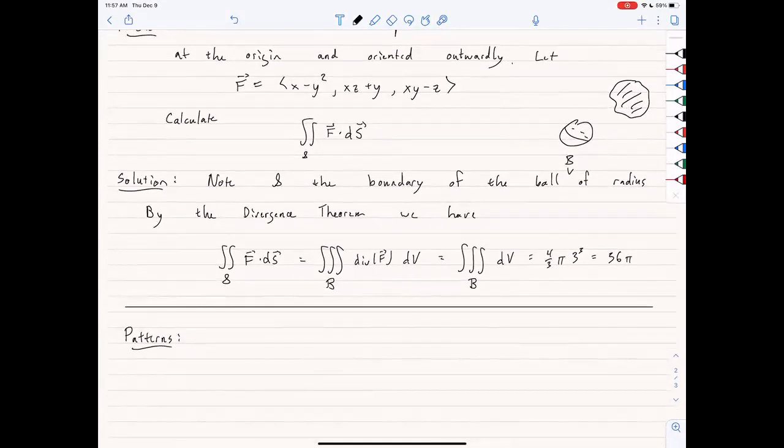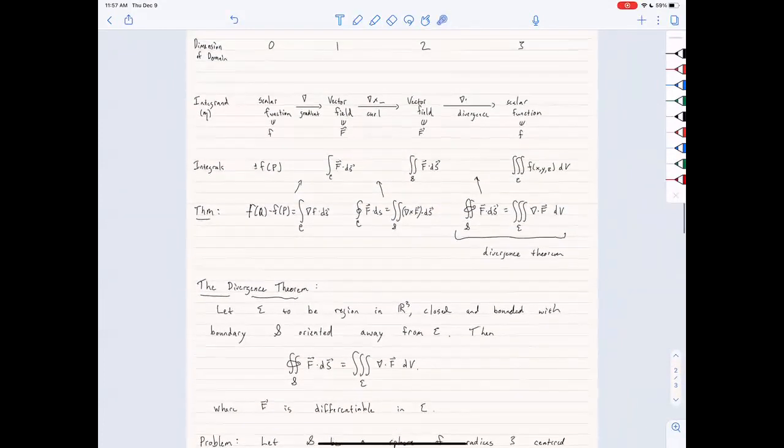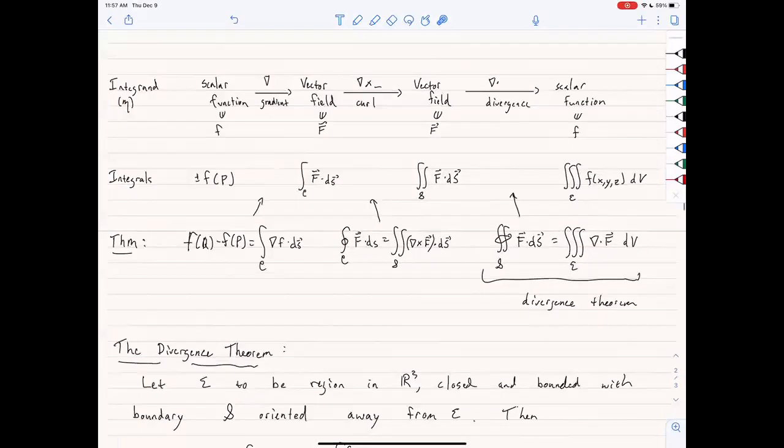So what's something we know? If I look at this diagram up here, there's something we learned about last time. If I have a conservative vector field, first of all, what does it mean? It means I'm a vector field that has come from some scalar function. In other words, I've taken a scalar function f and hit it with the gradient and I get a vector field.